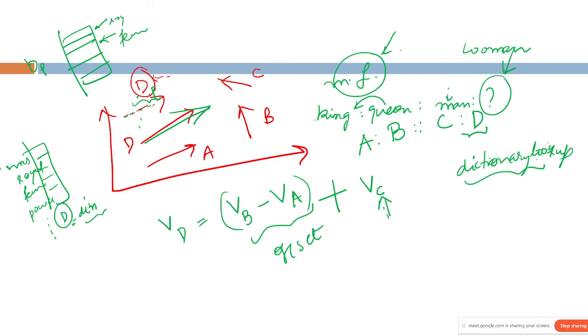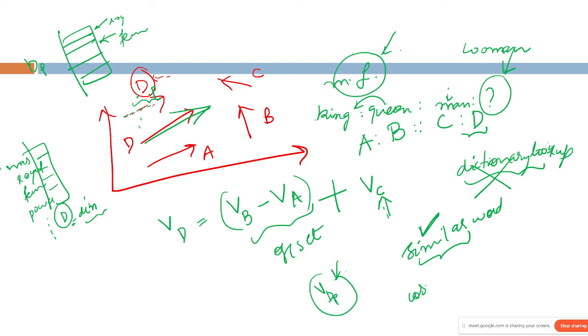I try to find the most similar word. I will not do the dictionary lookup. I will try to find the most similar word to my predicted vector DP. And how do we find the most similar word? Mostly we use the concept of cosine similarity between A and B, given by A dot B over the norm of A times the norm of B. This is my formula for finding the cosine similarity.